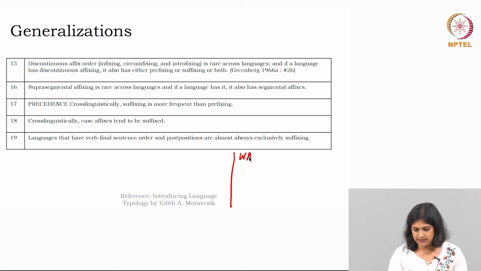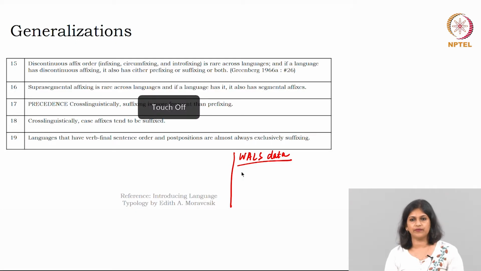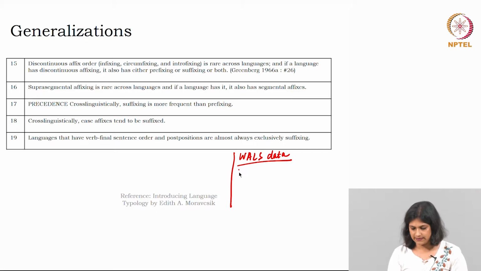This is the WALS data, and it says that of the sample size of 466 languages that Dryer studied, 431 languages have case affixes.